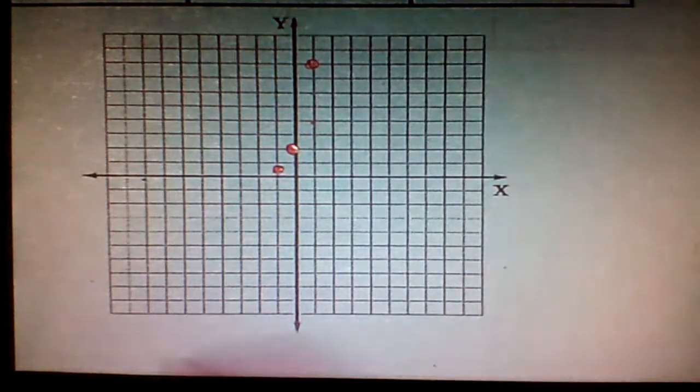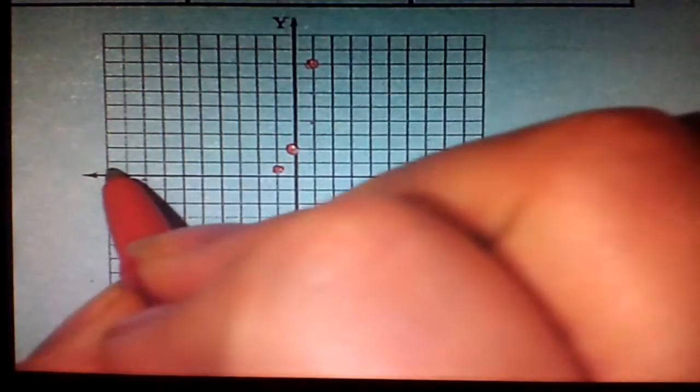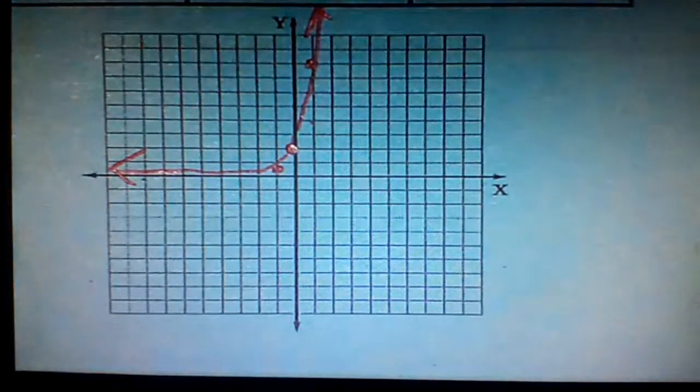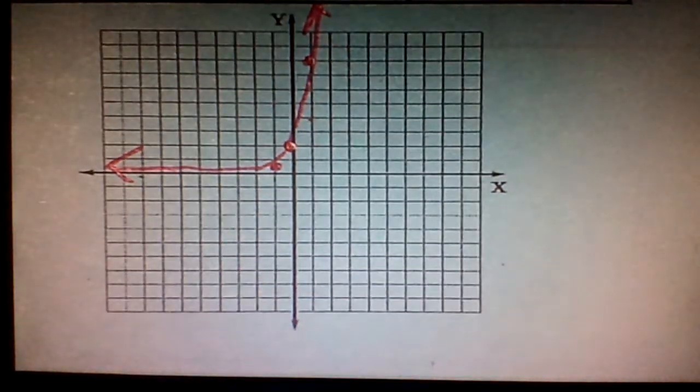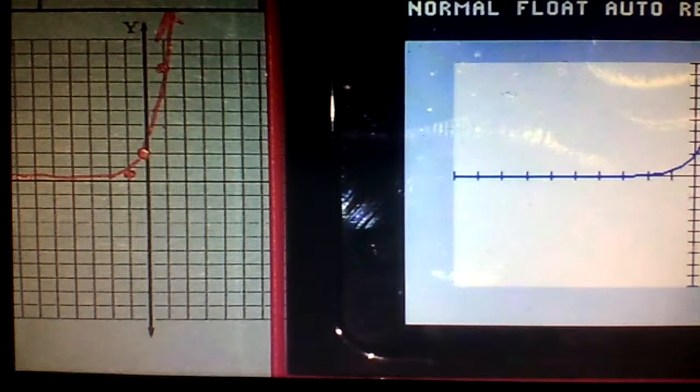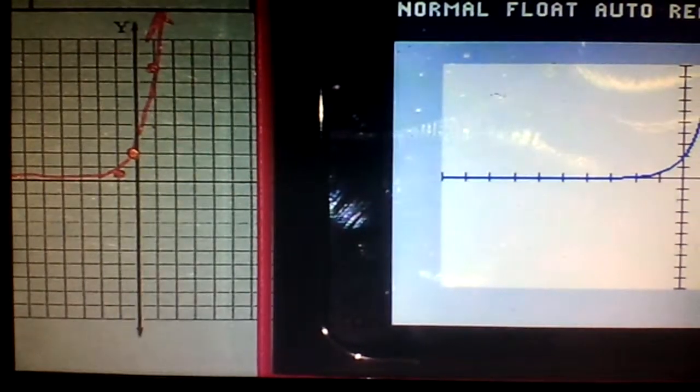And obviously, we're not going to be able to graph 32. So my graph should look something like this. It's infinity. And when you actually graph it on your calculator, it looks like that.